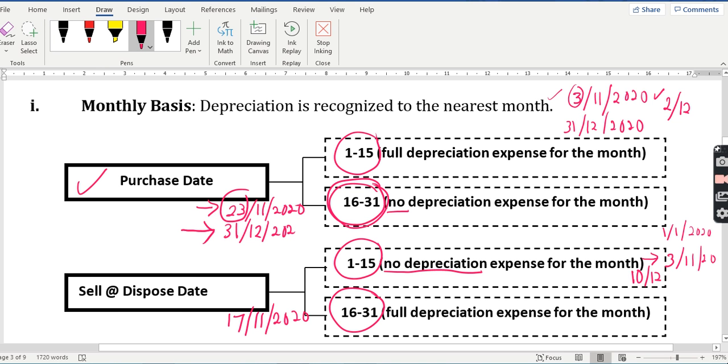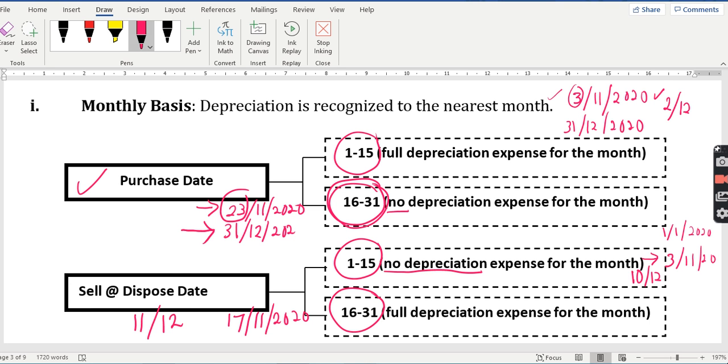My depreciation for that particular asset for that year will be 11 months, so that will be 11 upon 12. Why? Because I will include November, the selling month, in the depreciation expense as well. Even though we are selling the asset in November, the date of the disposal is on the 17th, which is the second part of the month.